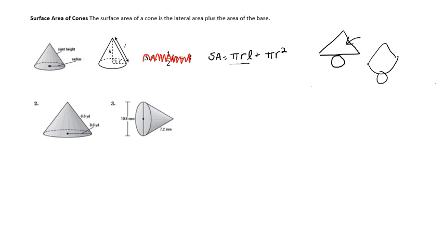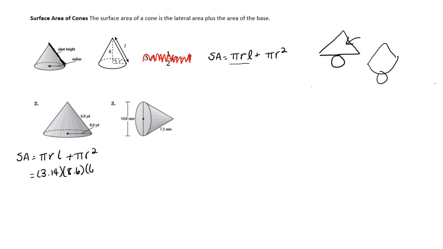Okay, so let's look at number 2. All right, so let's do that. So surface area equals pi r slant height. Remember, slant height is this distance here, on the slant, plus pi r squared. So 3.14. The radius is 8.6.